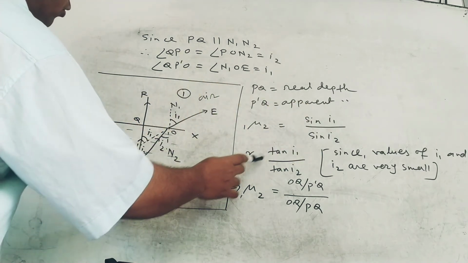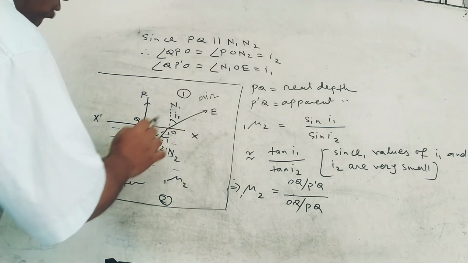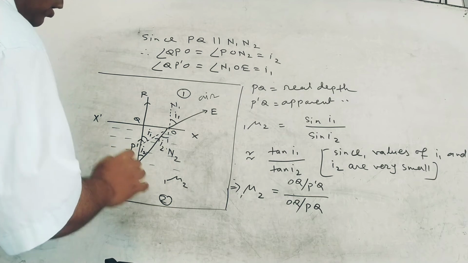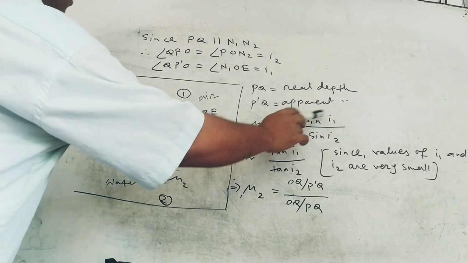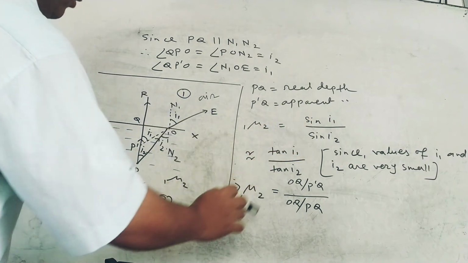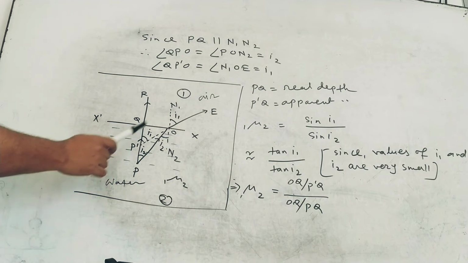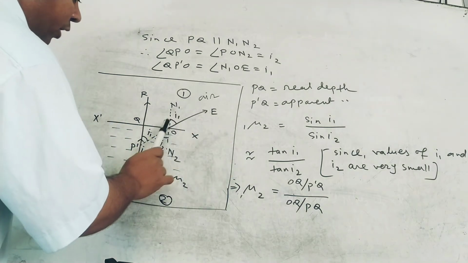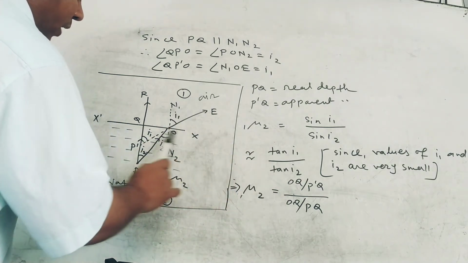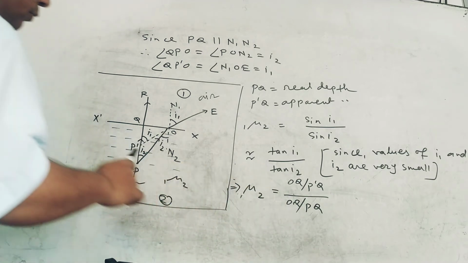This is approximately equal to tan I1 by tan I2, since the values of I1 and I2 are very small, so sin I1 is approximately equal to tan I1 and sin I2 is approximately equal to tan I2. From this figure we can write tan I1 is equal to OQ by P prime Q and tan I2 is equal to OQ by PQ.